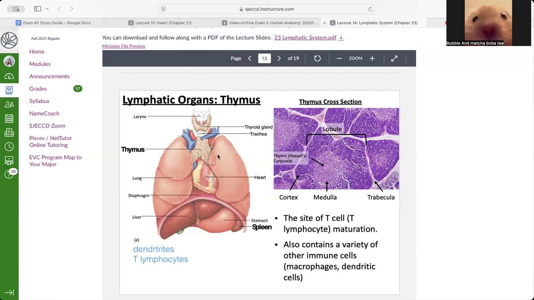So the dendritic cells are part of your immune system, and they give tests. These guys are the teachers, I call them the little teachers, and I call these the students.